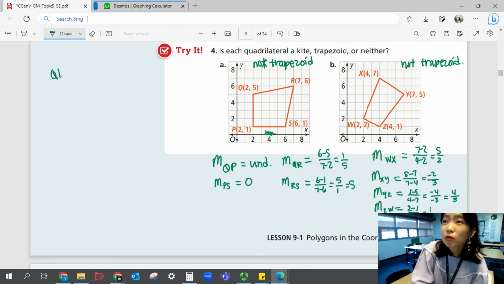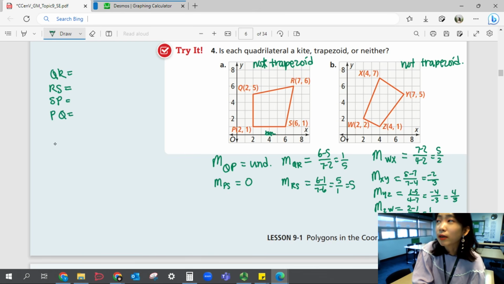QRST. So QR, RS, we want to figure out SP and PQ. And also we want to figure out XY, YZ, ZW, and WX. Okay?